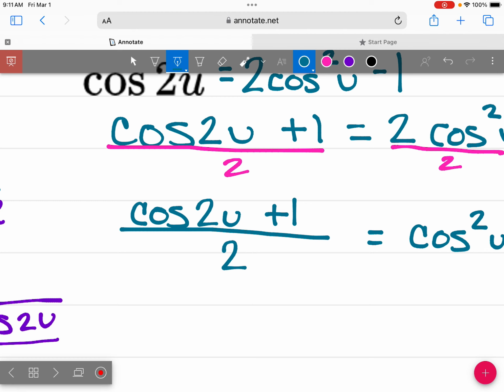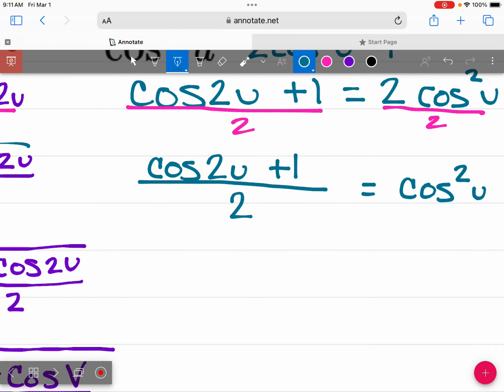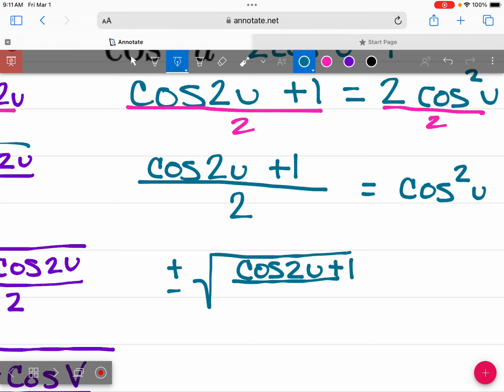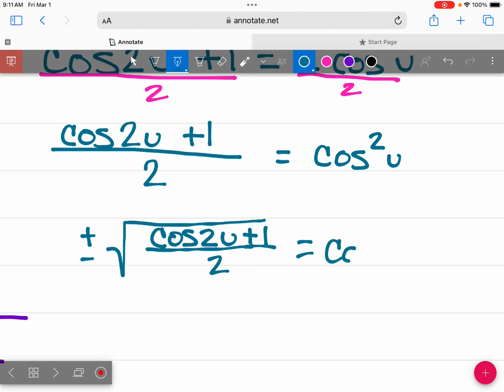Same thing as the other side. We're going to square root both sides. So we're going to have plus or minus the square root of the fraction cosine 2u plus 1 over 2, and that's equaling our cosine of u. But we don't really want cosine of u. We want cosine of v over 2. We want that half angle.